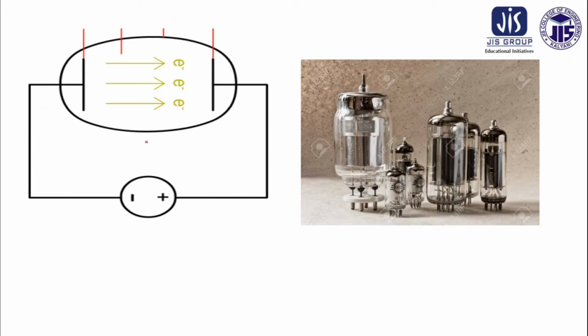So if I am increasing this current, then automatically an electron charge is flowing through this path, and it is called the diode, and these are the diodes we have already said.